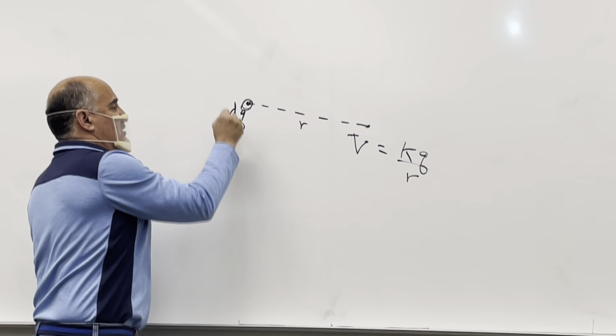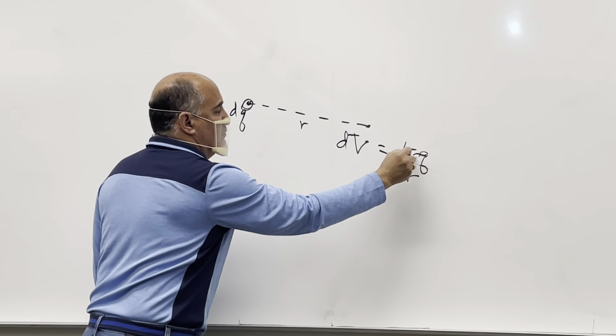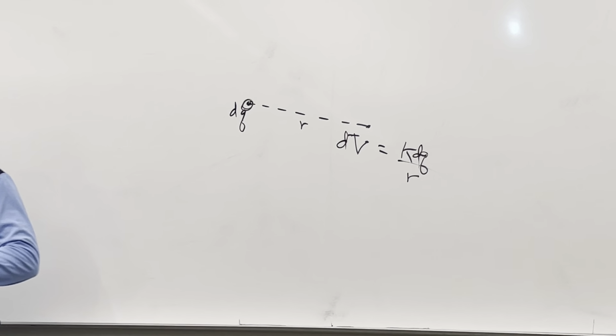All I'm doing is calling this d. And I don't have to say it's away from the charge because the charge is positive, or towards the charge because it is negative, because the electric potential is not a vector quantity. It's just k dq over r. That's the electric potential at this point generated by this charge dq.